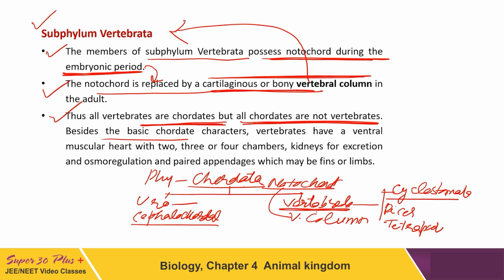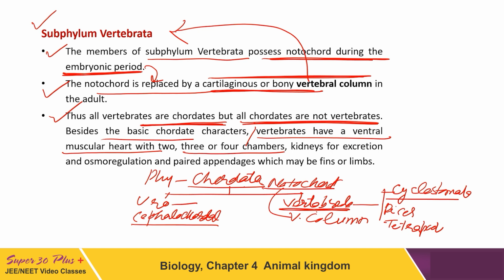Besides basic chordate characters, vertebrates have some other characters also. They have a ventral muscular heart. Where we have our heart, we are also vertebrates. Where is the heart? You keep your hand on heart. It is on the ventral side of the body. It is not towards the back.